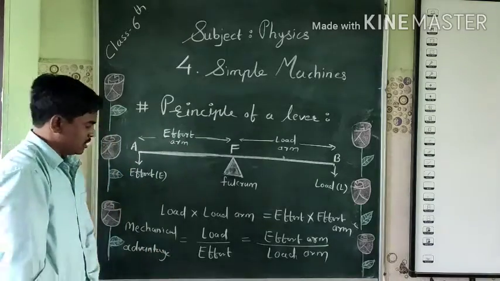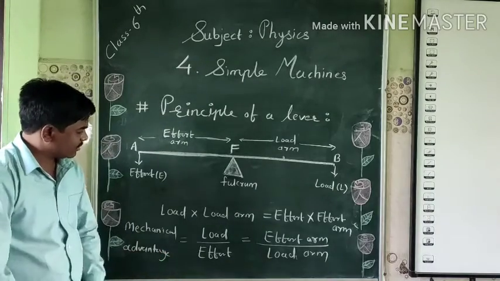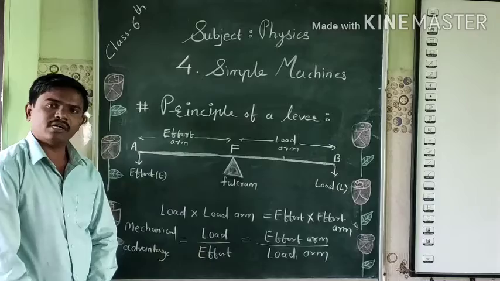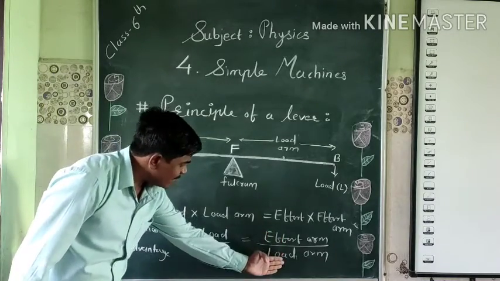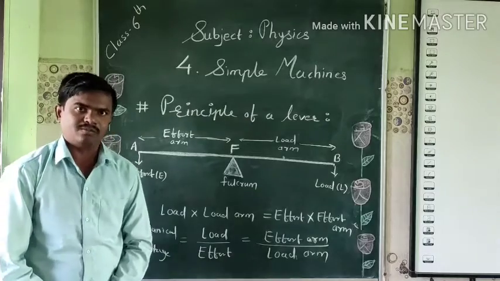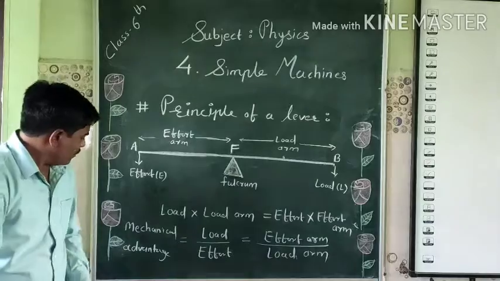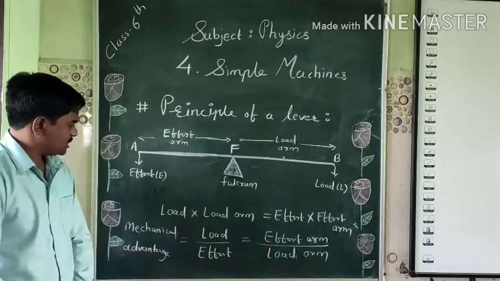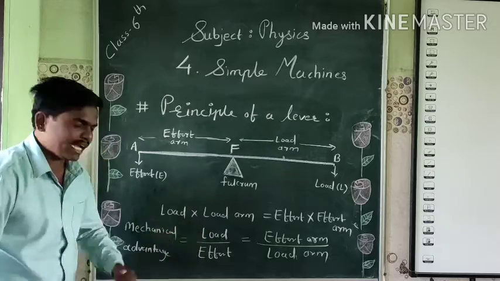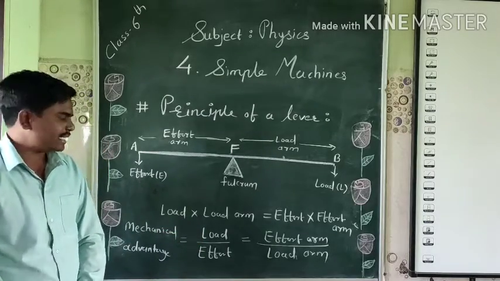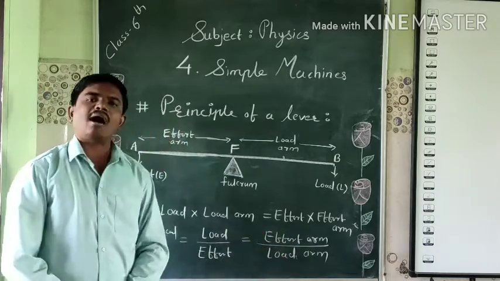So we can say that mechanical advantage is equal to load divided by effort, which is also equal to effort arm divided by load arm. So students, mechanical advantage, the ratio of load divided by effort, is equal to effort arm divided by load arm.